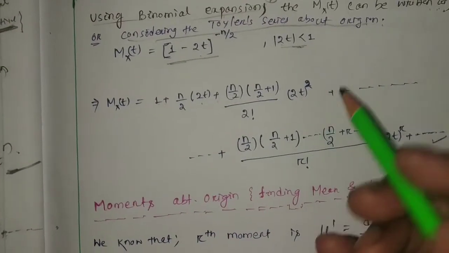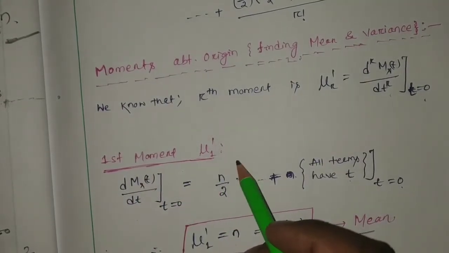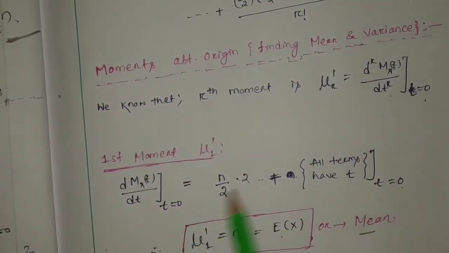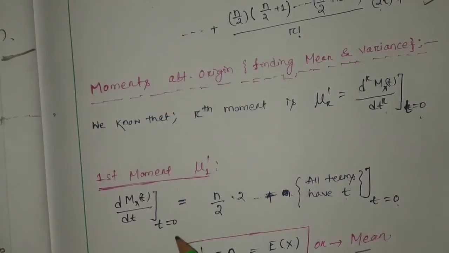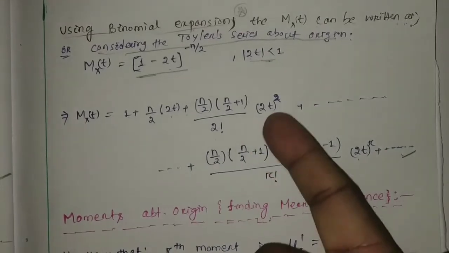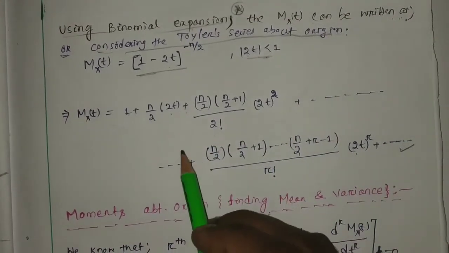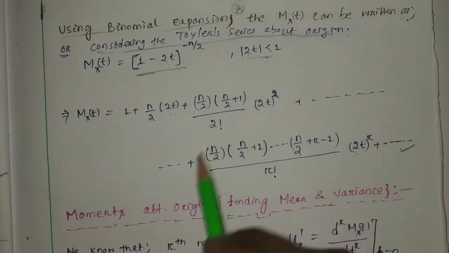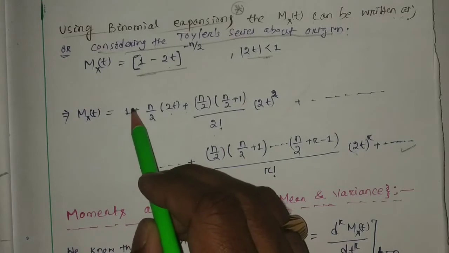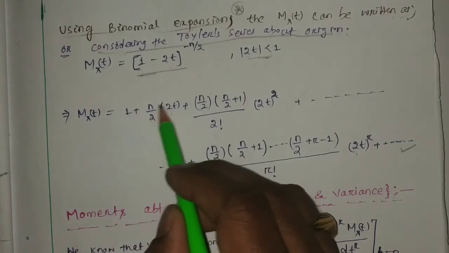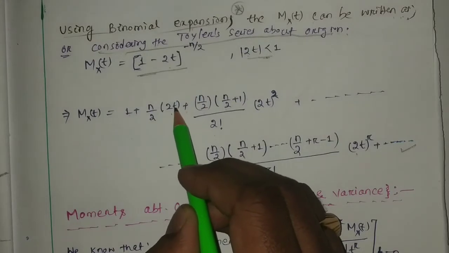Okay, in exam you can write the moment generating function of chi-square is this much, but here it is already written, so I have not written it once again. I am going to consider the first derivative of this one. You can see that if we consider the first derivative of this series with respect to t, here 1 is constant, will be 0. Here this term will be n by 2 into 2, and with respect to t it will be 1.